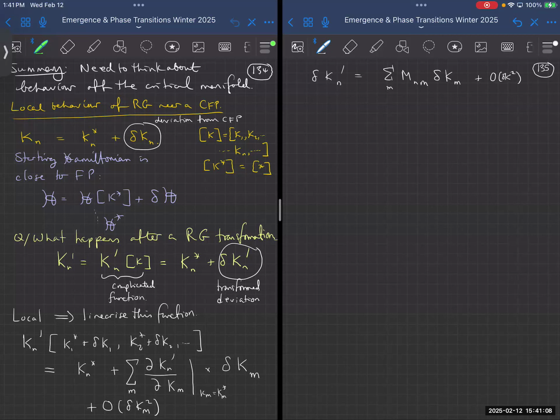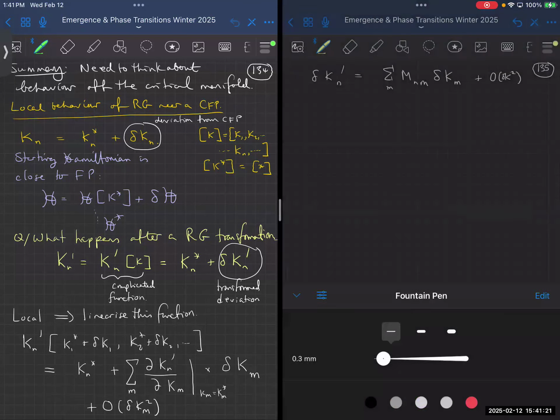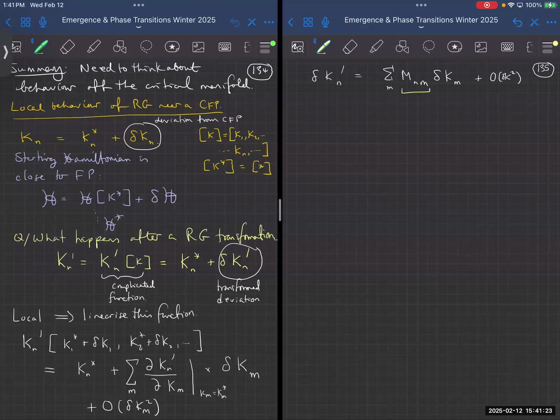So there's some object here. This dKn prime by dKm evaluated at the fixed point is just a set of numbers. They're a matrix. They've got two indices. So this is some matrix, dKn prime by dKm evaluated where all the k's are at their critical value.